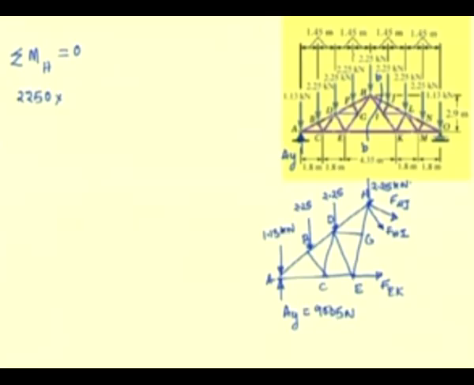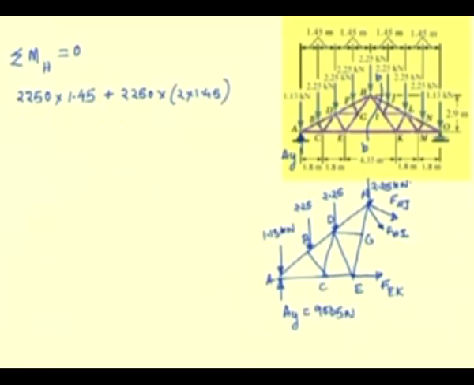The first moment is the counterclockwise moment of the force at this joint F, which is 2250 times this distance, that is 1.45 meters, and this is a counterclockwise moment. So, it is positive, plus the moment of the applied force at D, which is again 2250 into 2 into 1.45, which is the moment arm.